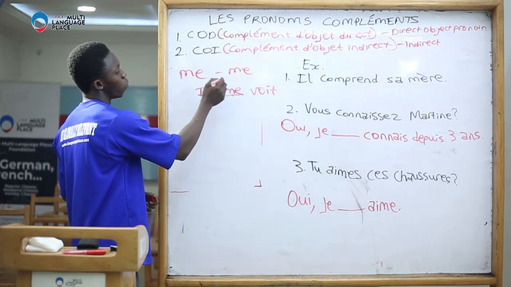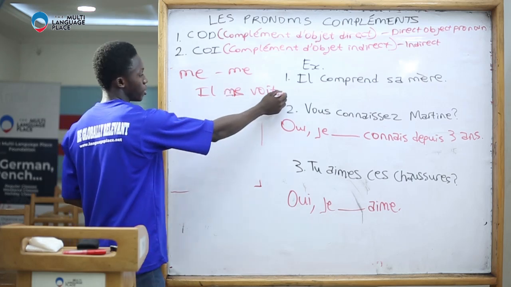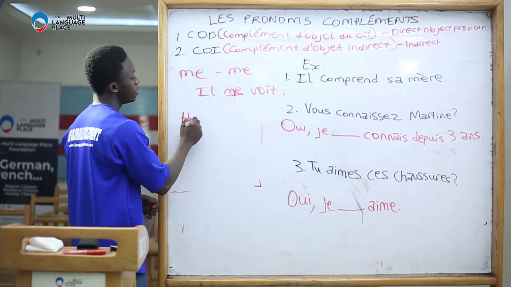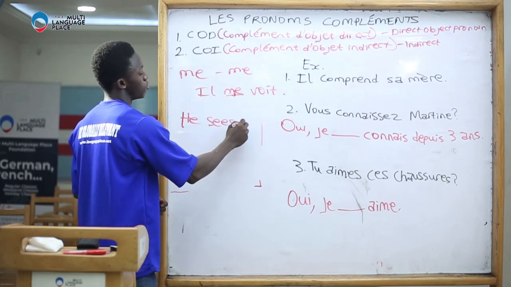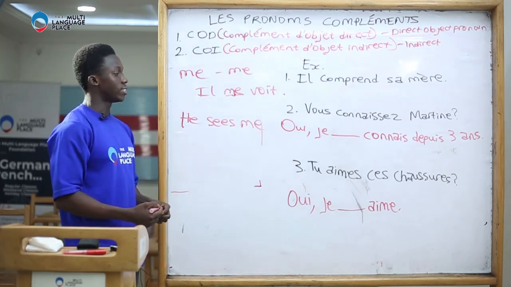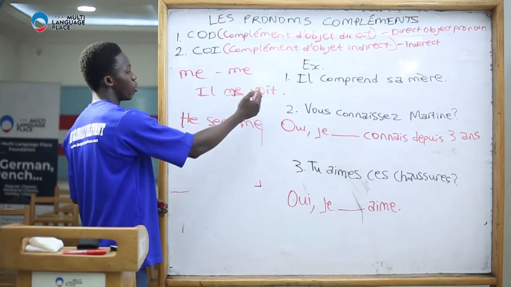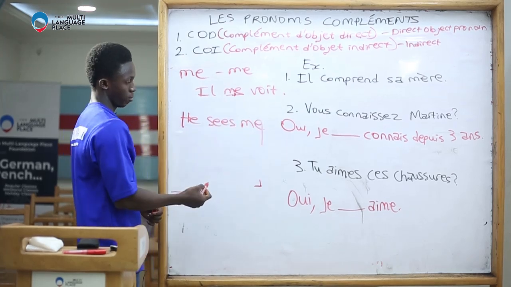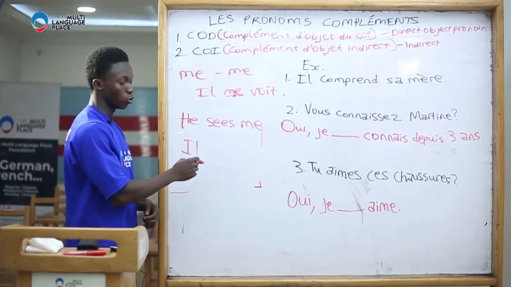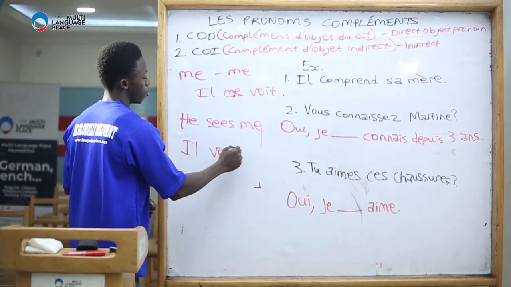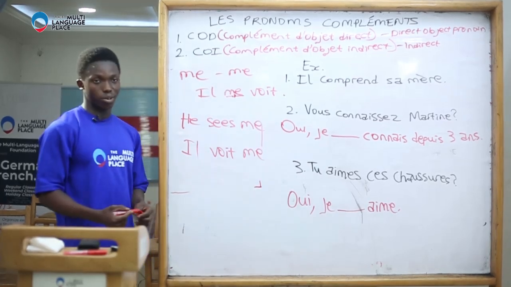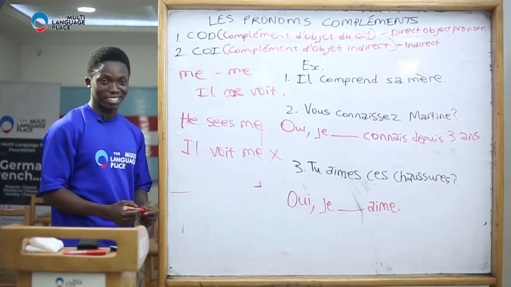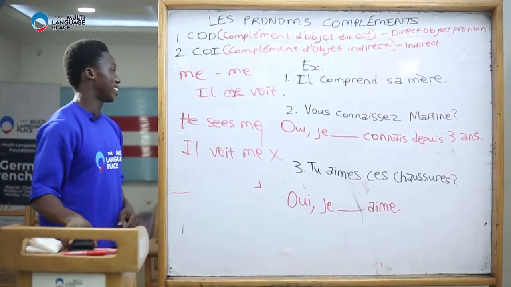It means he sees me. Why is it here and not after the verb? Because to translate word for word, it should have been il voit me. But this is very wrong. Why? We'll see that later.